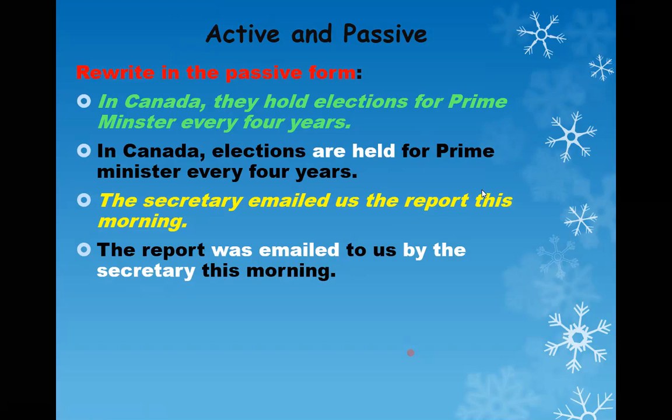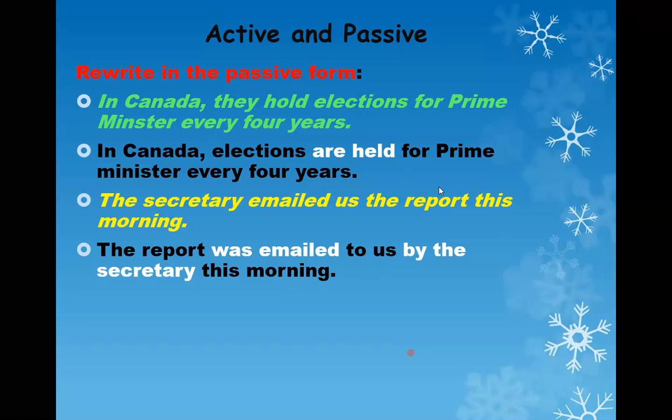So here, who was answering? Rawan. Yes, Rawan, you started with "we", but the answer started with the report. Okay? The report was emailed to us by the secretary this morning. Did you understand this? Yes, understand.